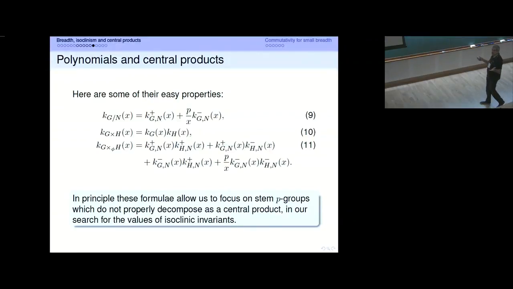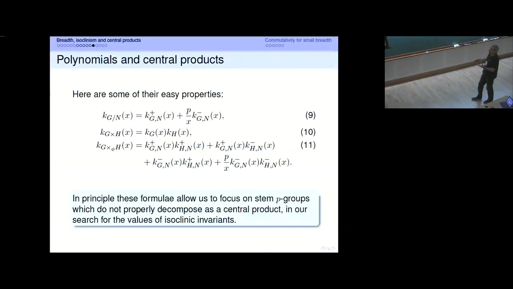You first take the direct product of the two groups and then factor out some subgroup of order P, and so algebraically you get the isoclinic invariance for the central product just out of the isoclinic invariance of the two factors.